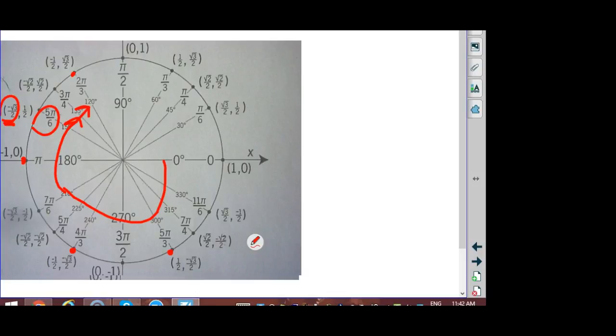So this is 1/3, 2/3, 3/3, and sorry, my arrow should have went to here, to 4/3. Yes, that is clockwise, right? Okay. So the sine point would be what for this one? It would be root 3 over 2. Okay? So this would be our exact value.